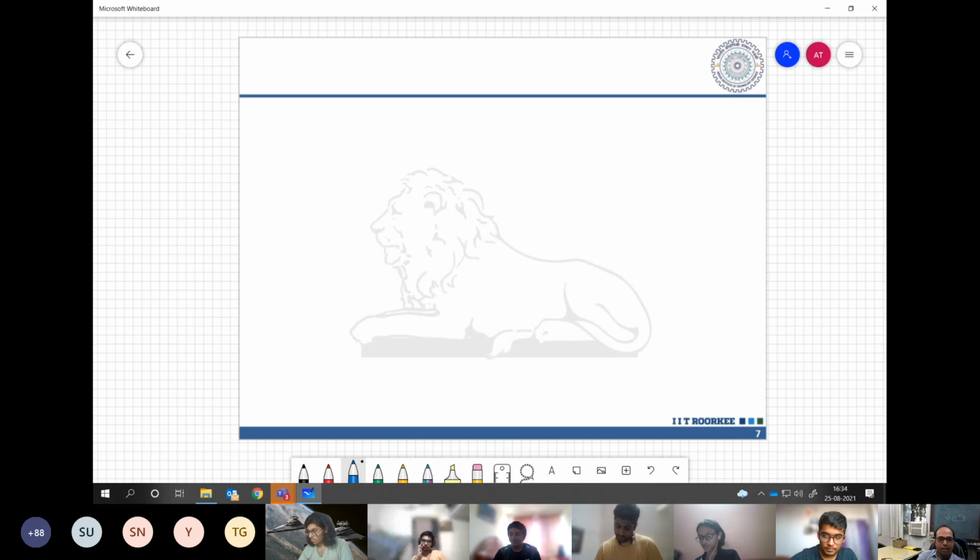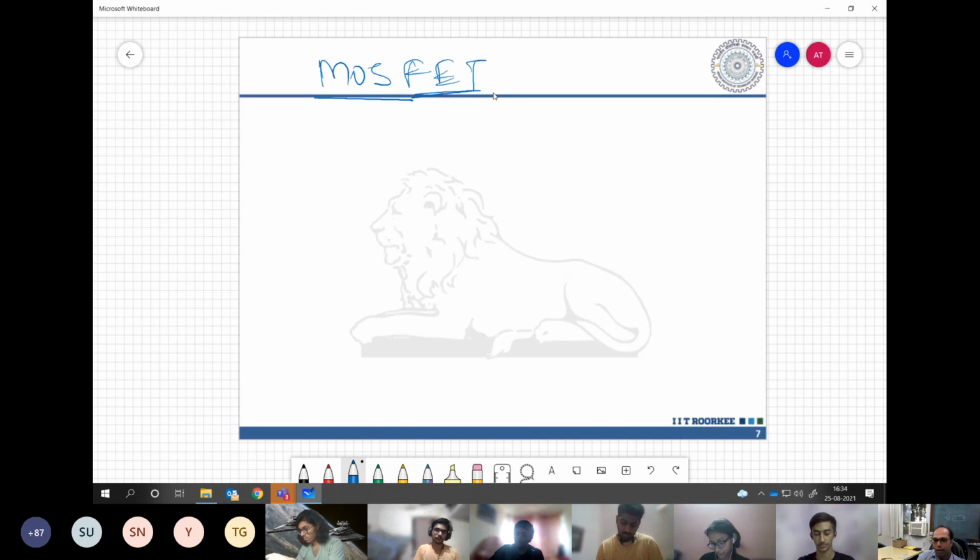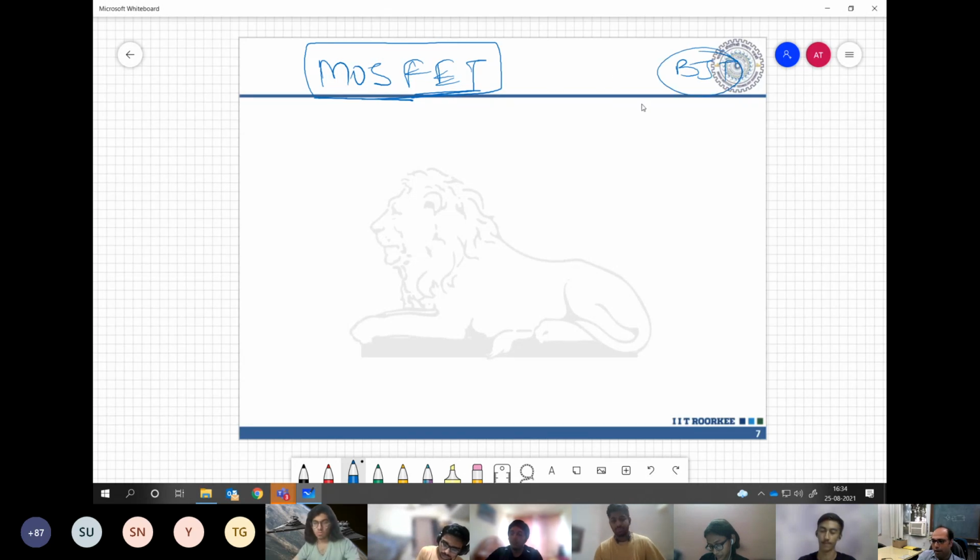Fine. So now let us discuss some new technology that is called metal oxide semiconductor. And this is another type of transistor which is called field effect transistor. So these are some improvements over the BJT technology. BJT is what? Bipolar junction transistor, where we have seen that the control action is due to the current flowing into the device, into the base.